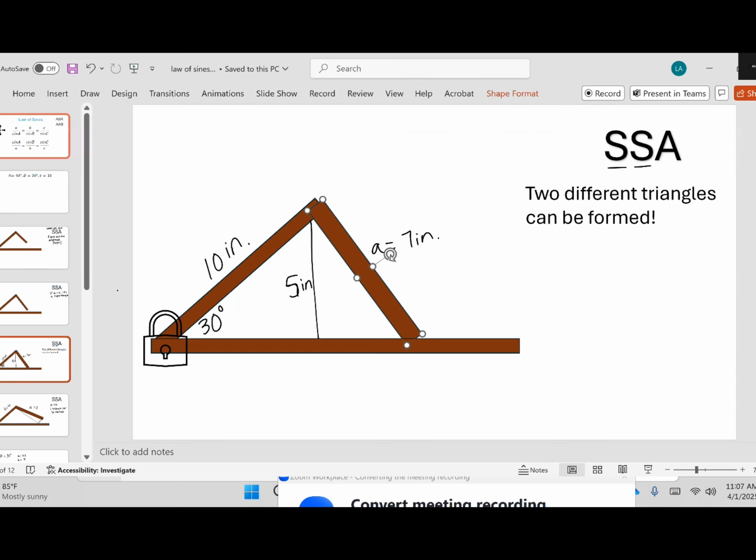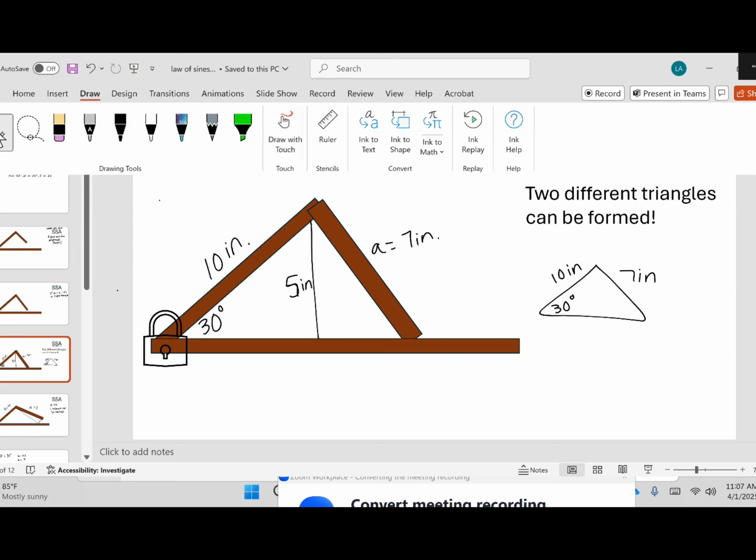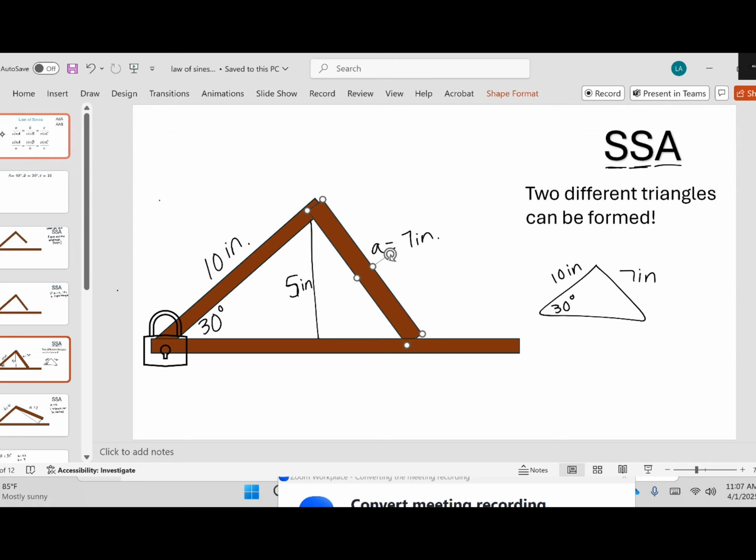This is one triangle. I'm going to draw one triangle that I have. This is the triangle you see here. This is 7 inches, this is 30 degrees, and this is 10 inches. The tricky thing about side A is that you can possibly form 2 angles. So let me show you. I'm not going to change the height.